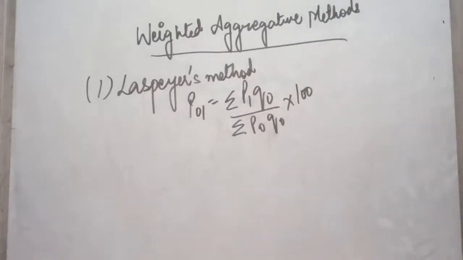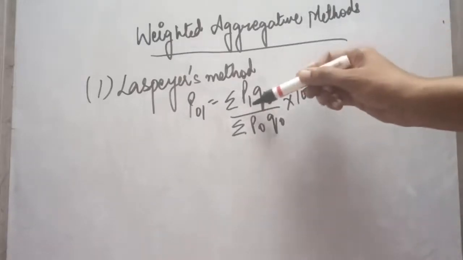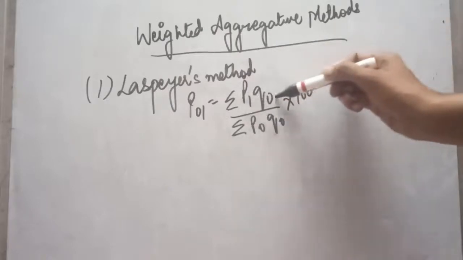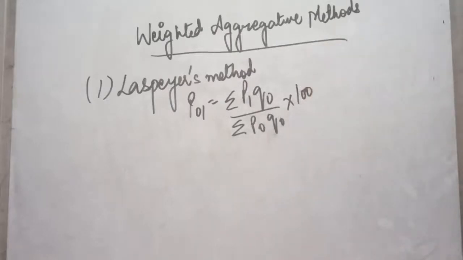To remember this formula, you can just keep in mind 1000. So PQ you can simply write, and you can write 1000. This is the easiest way to learn this formula. This is Laspeyres' formula.